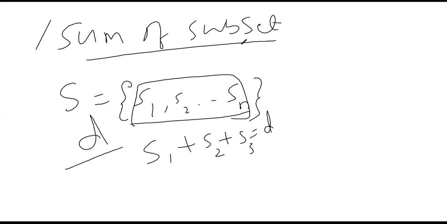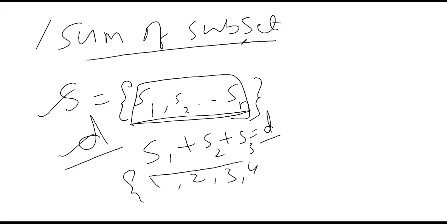Clear? So what all is given? A set of positive integers is given and a positive integer d is given. A subset of the given set, whose sum should be equal to d. For example, say 1, 2, 3 and 4 is the set which is given. Now d is equal to 4.